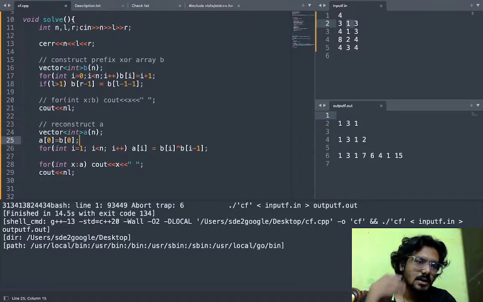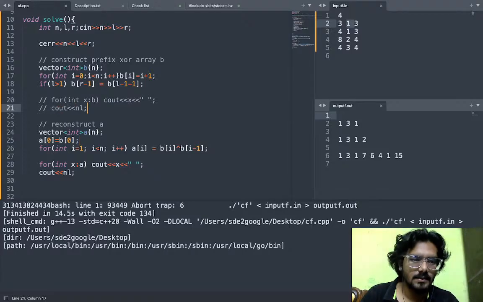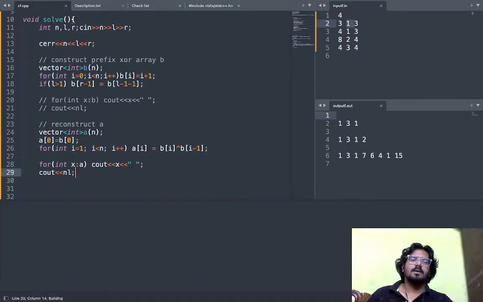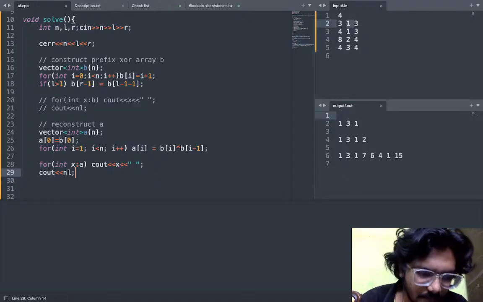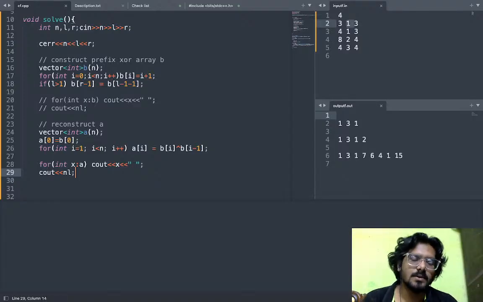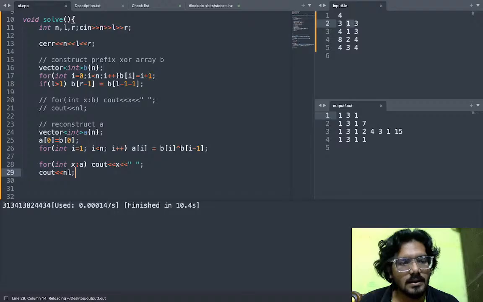So L and R, wherever they are used, they need to be used carefully. I don't think that problem is going to be. Yeah. Great.